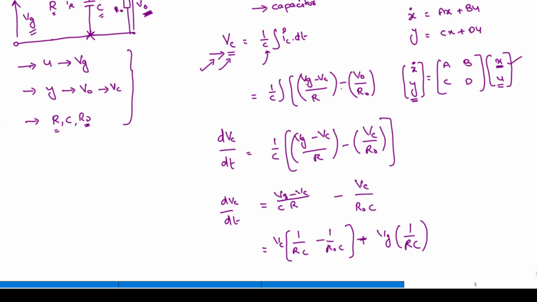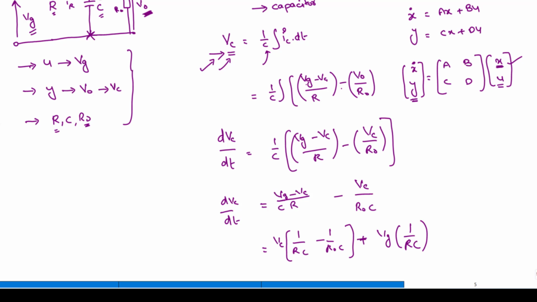So this IL, this IR, the incoming current, is equal to IC plus IL. What I want is IC. IC is equal to IR minus IL. Sometimes you may take V0 minus Vg by R also.